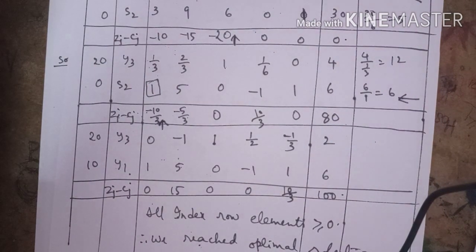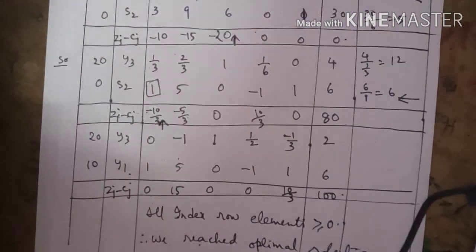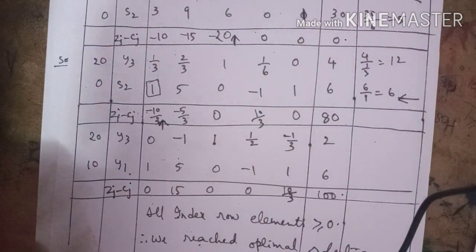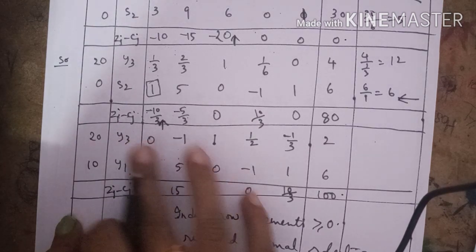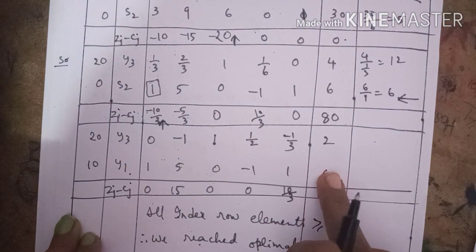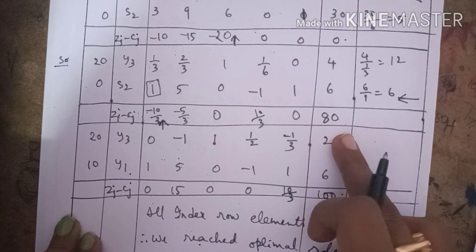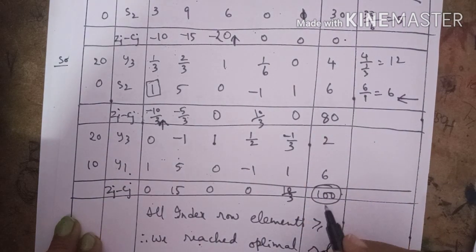Now I will tell you the relation between primal and dual. Now see here, the primal is there, we converted into dual. Now the dual answer is y1 is equal to 6, y3 is equal to 2, the answer is 100.